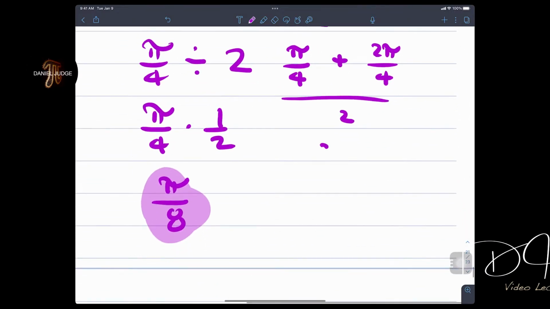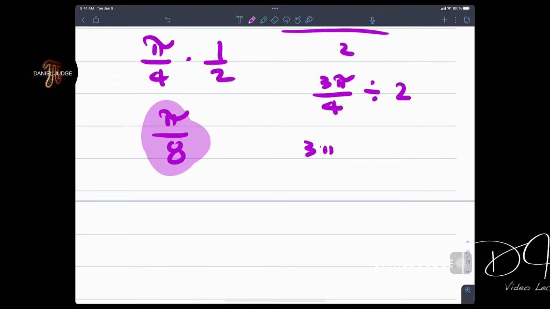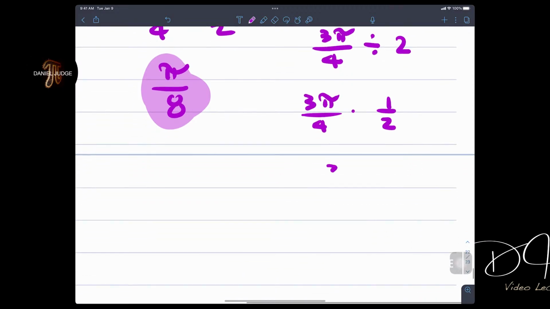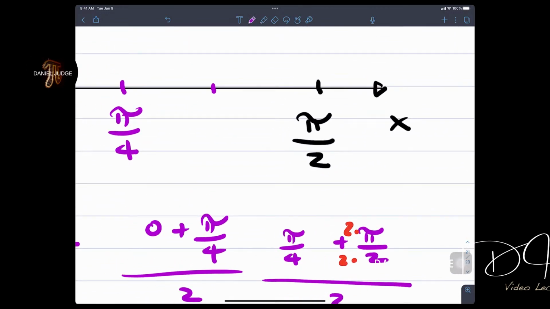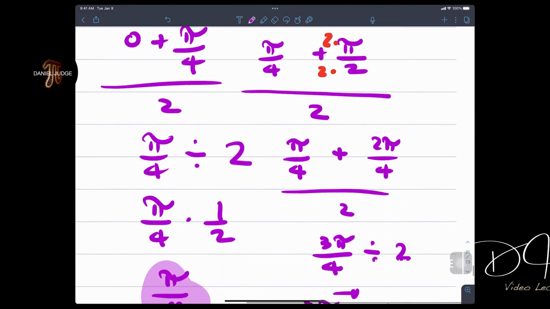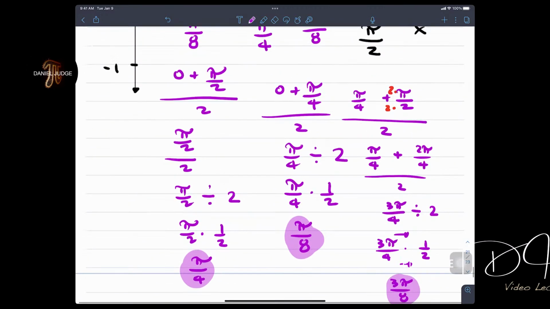So pi over 4 plus 2 pi over 4 becomes 3 pi over 4. Can I say divide by 2? Yes. 3 pi over 4 times 1/2 gives you 3 pi over 8. Multiply horizontally. There you go. Three pi over 8. And there it is.